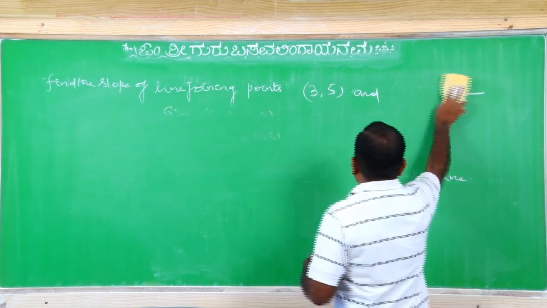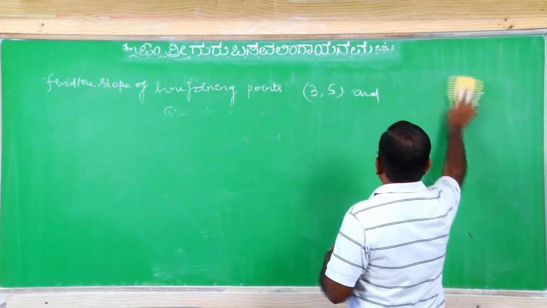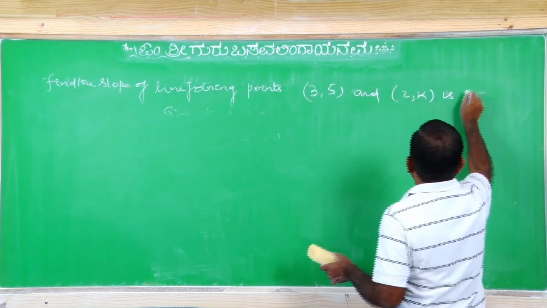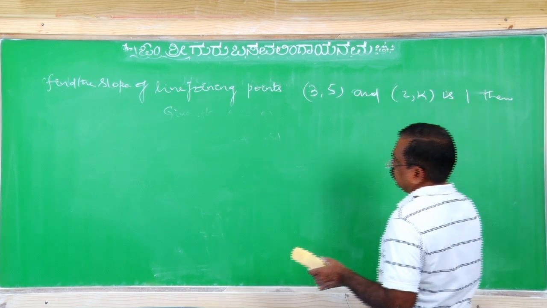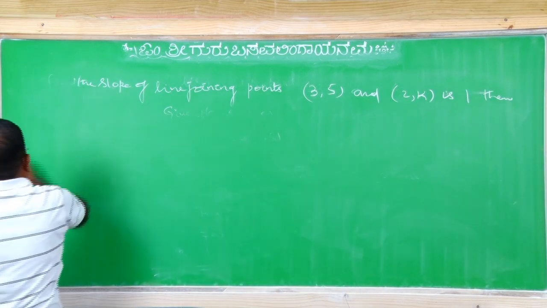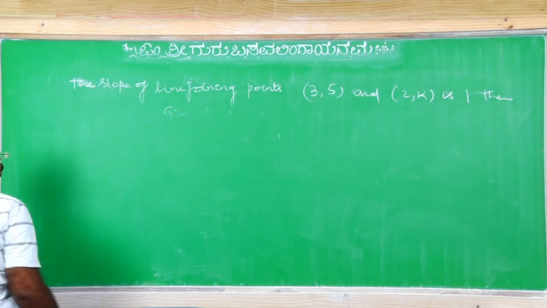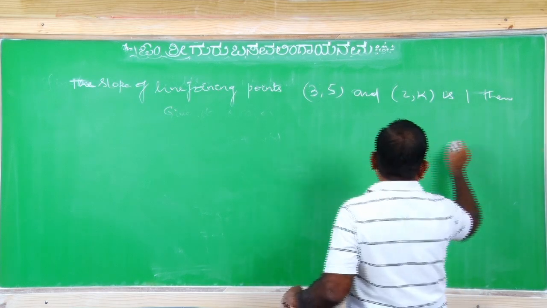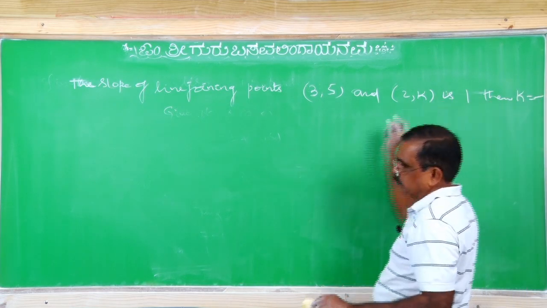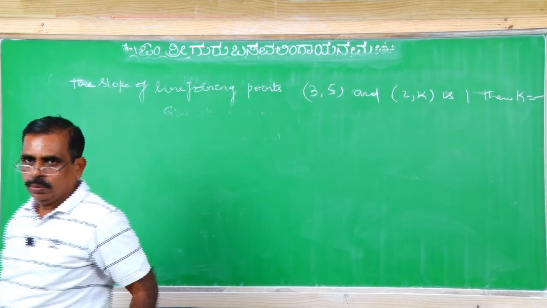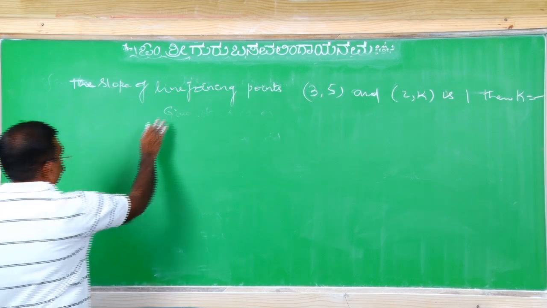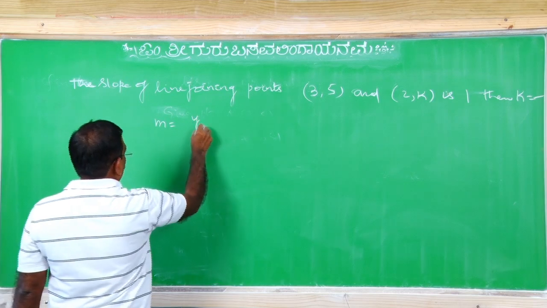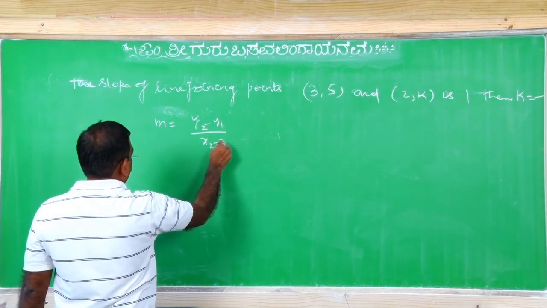The slope of the line joining points 3, 5 and 2, k is 1, then k is equal to? Write down, slope m is equal to y2 minus y1 by x2 minus x1.